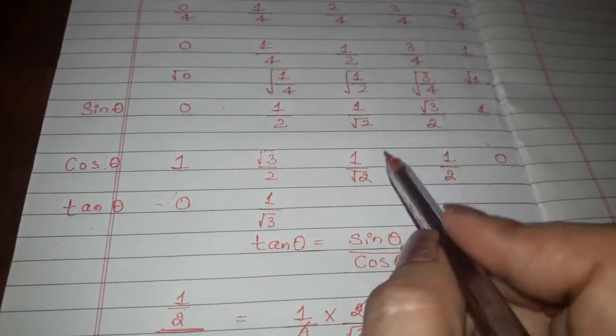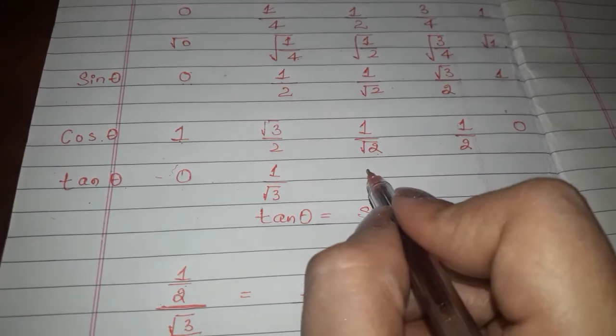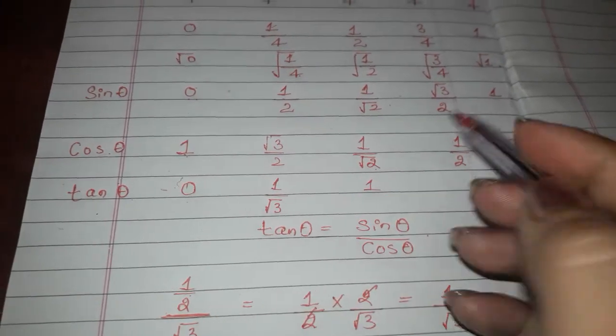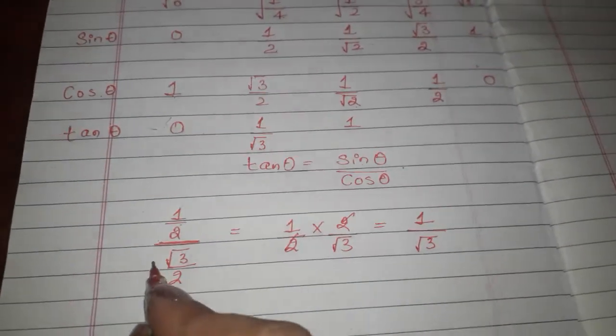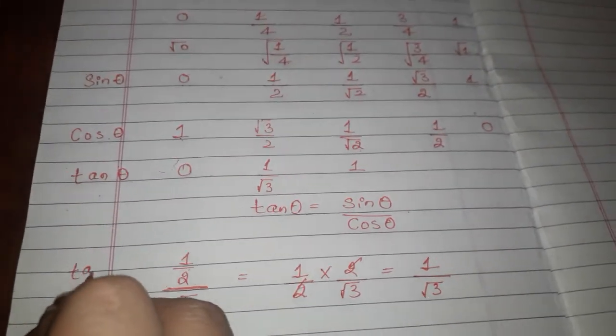So it will be 1 upon root 3 here. 1 upon root 2 upon 1 upon root 2 will cancel out. Here it will come to be 1. For tan 60 degree, this was tan 30 degree.